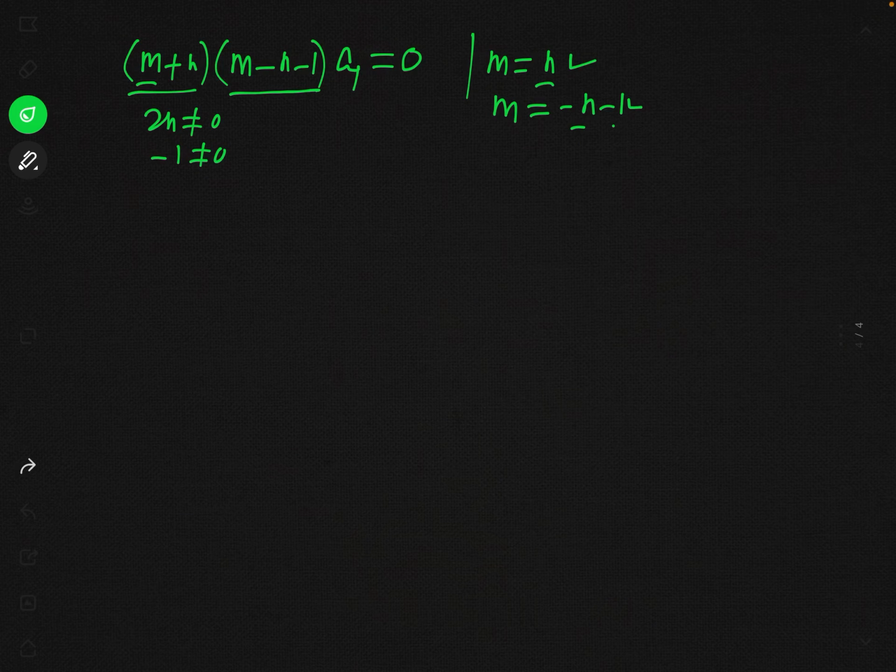Similarly, you can see that when we put m equal to n or m equal to minus n, then again this term will not be equal to 0. So neither m plus n is 0 nor m minus n minus 1 is 0, because m is equal to n and m is equal to minus n minus 1.